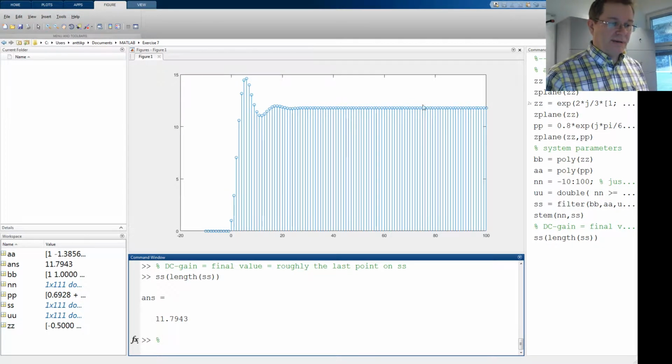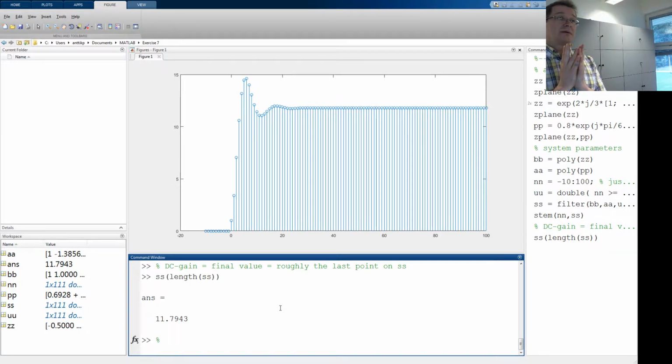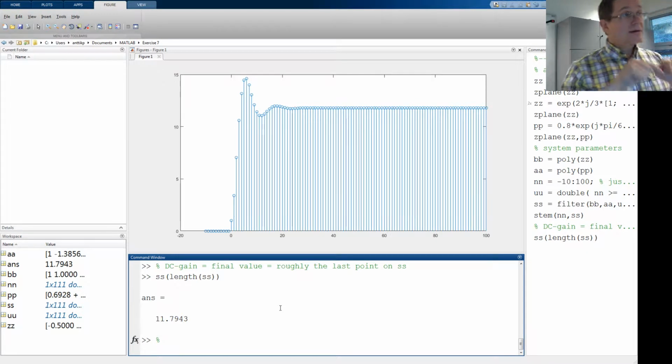Next one would be calculating the rise time and delay time. And now we know that our final value is just around there, so that 90% is then related to this value.